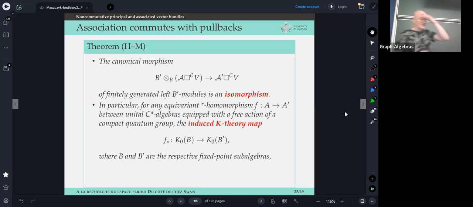In particular, every equivariant star homomorphism between these algebras induces a map on the level of K-theory. And this is described in terms of a very simple recipe. The effect of this induced map on the level of K-theory is calculated essentially from representation theory.